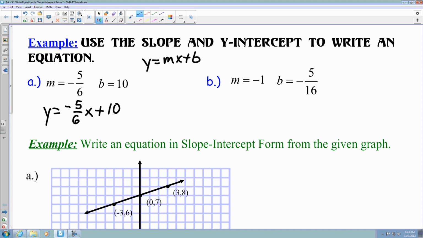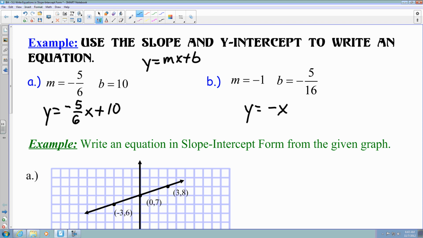As we go on to b now, we see that our slope is negative 1 and our y-intercept is negative 5/16. So we're going to do the exact same thing as we did in example A. We'll go y equals, we have our negative 1, but we can just write it as negative x. We don't necessarily need to write the negative 1. If you do write the negative 1, that's fine, if that helps you gain a better understanding of the slope identification, I'm fine with that.